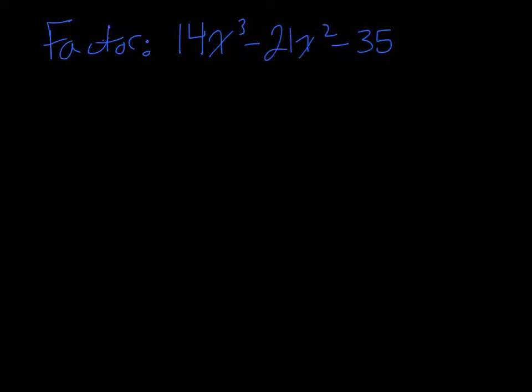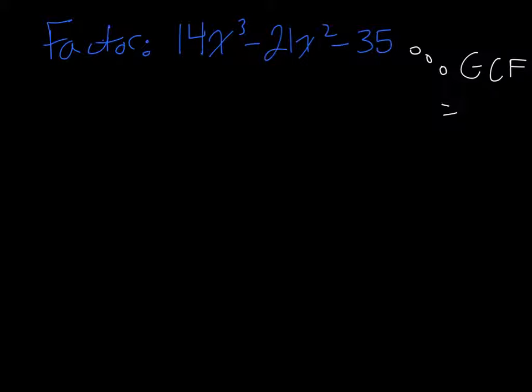Alright, for my last example, I'm going to take a second and again brainstorm our greatest common factor. When I look at these three terms, I can see that not all three of them have an x variable within their terms, so that's not a common factor. I can't factor out an x.